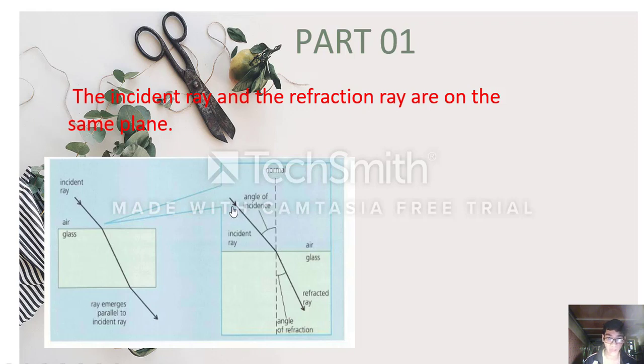And we have the incident ray and the refracted ray. We have an angle of incidence and an angle of refraction. The angle of incidence is the angle between the incident ray and the normal. It is also so for the refraction: the angle of refraction is the angle between the refracted ray and the normal.